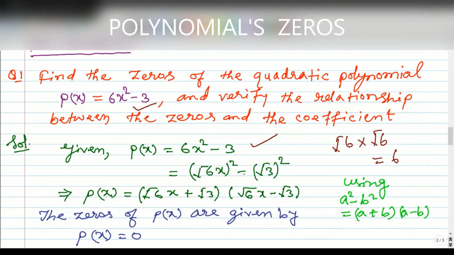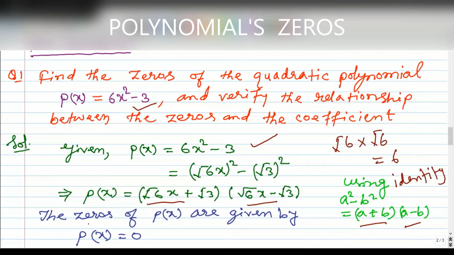After that, we know the identity a square minus b square equal to (a plus b)(a minus b).